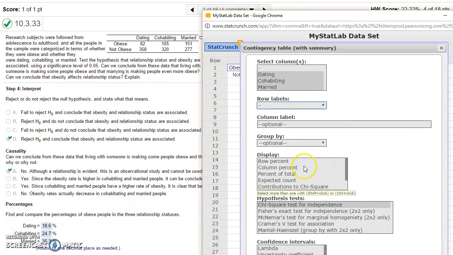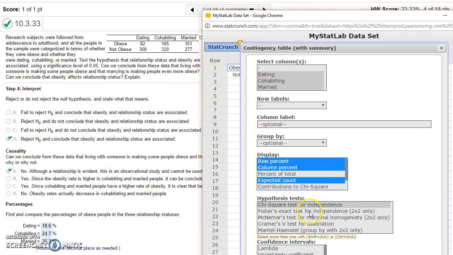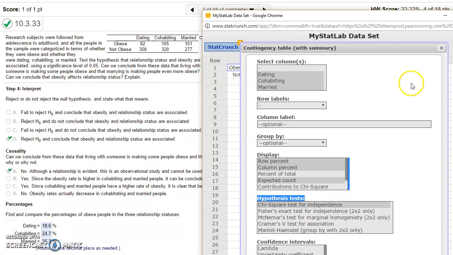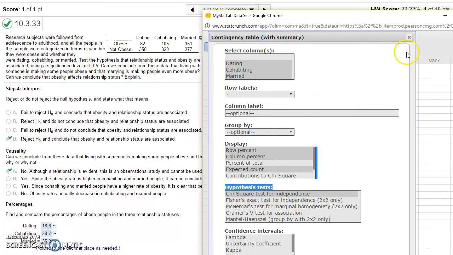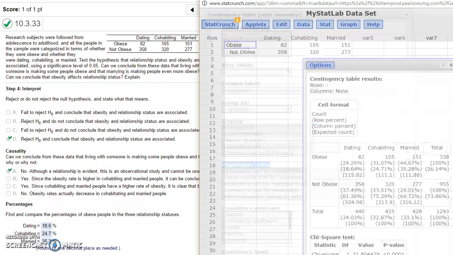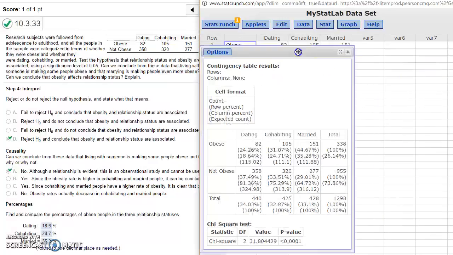And normally when I'm looking at this, I will go ahead and click on row percentage, column percentage, as well as the expected count when it's doing an analysis. So then when I click compute, this is the table that we get.